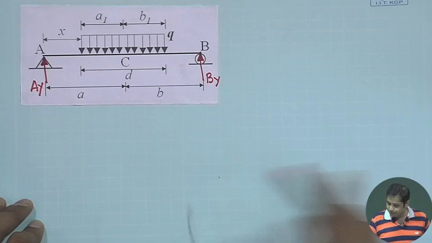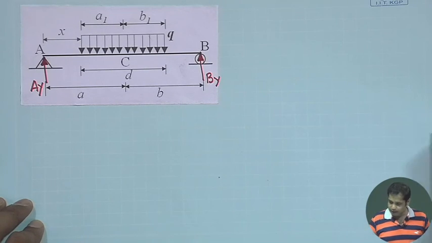So, this is the free body diagram. Once we know it, let us find the support reactions.